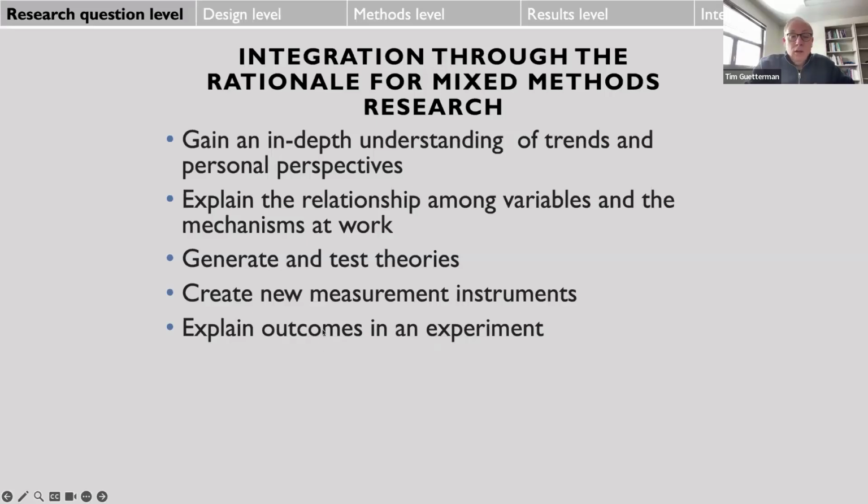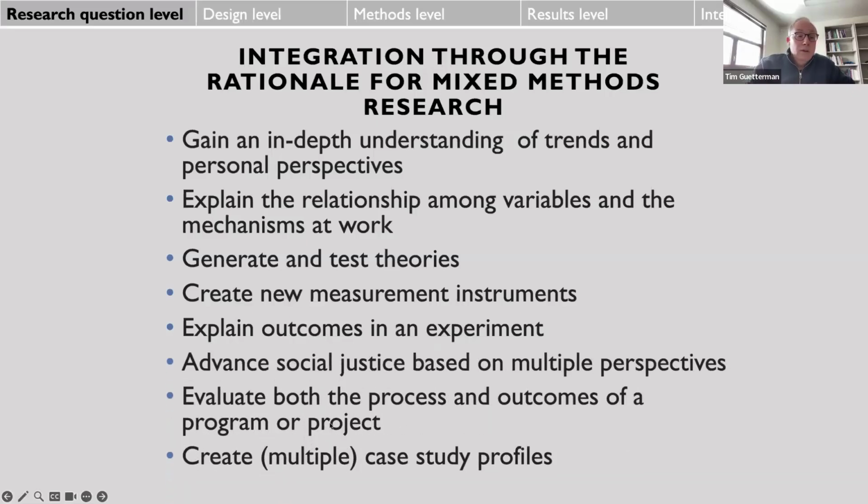Maybe you need to explain quantitative outcomes in an experiment with a qualitative component, or to advance social justice perspectives or equity based on multiple perspectives. Maybe you need to evaluate both process and outcomes, so kind of the how and the how much of a program or a project, or create case profiles, for instance.